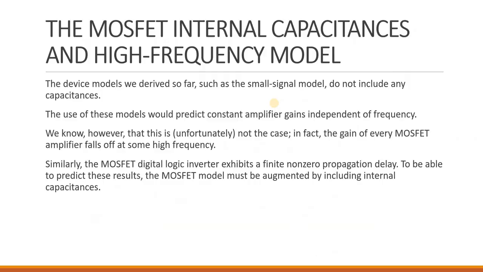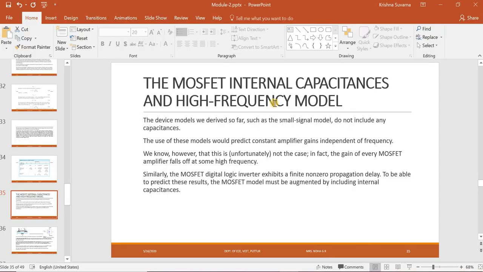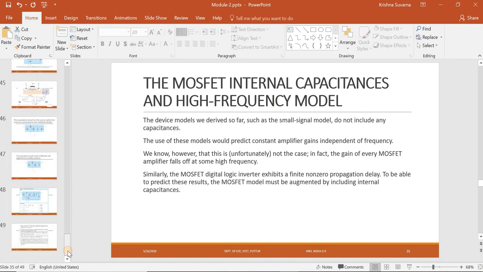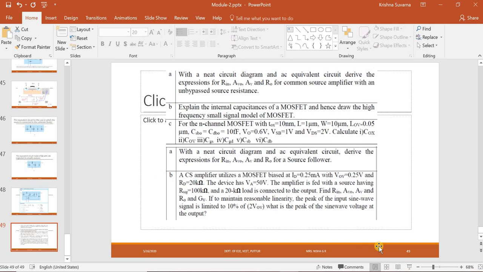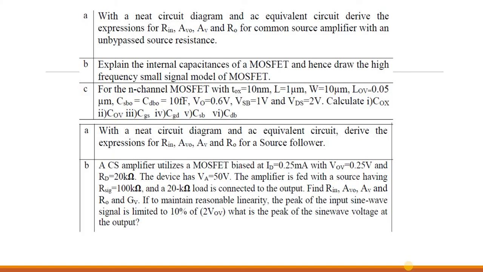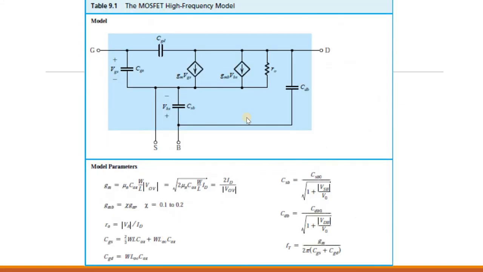Next is they have asked to explain the internal capacitances, that is what I discussed today, and hence draw the high frequency small signal model of MOSFET. So you need to draw this particular diagram.